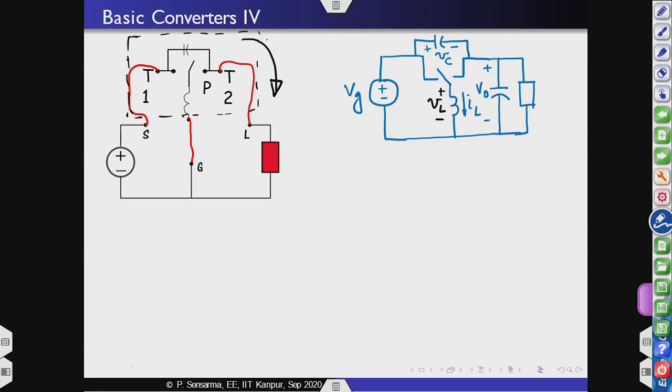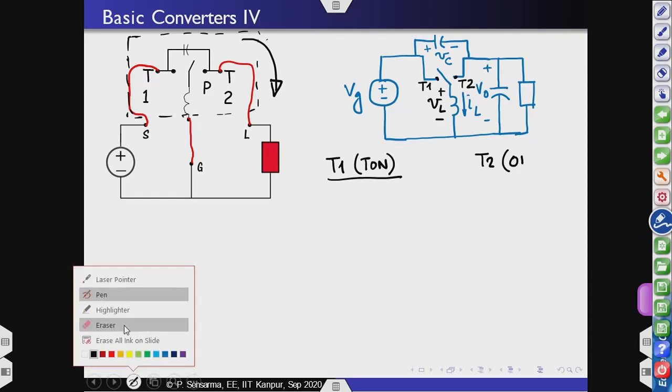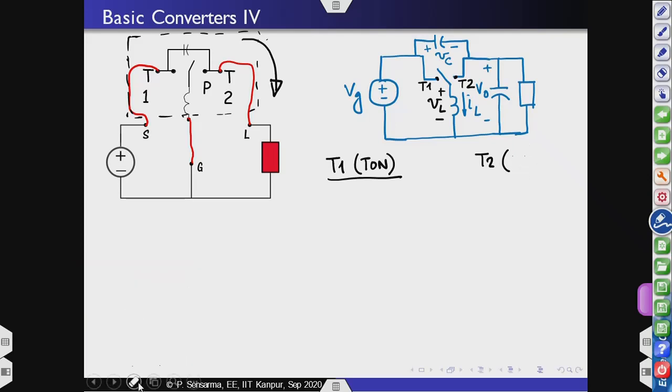When the switch is in the position T1, we will arbitrarily call the duration T on, and in the position T2, the duration we will arbitrarily call T off.